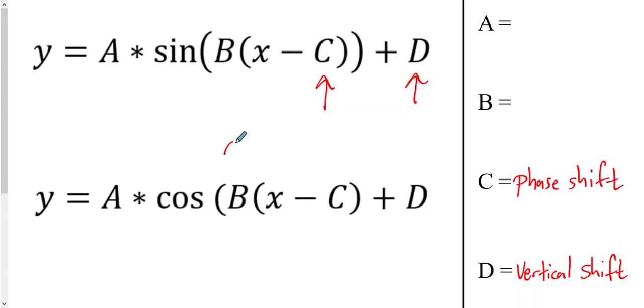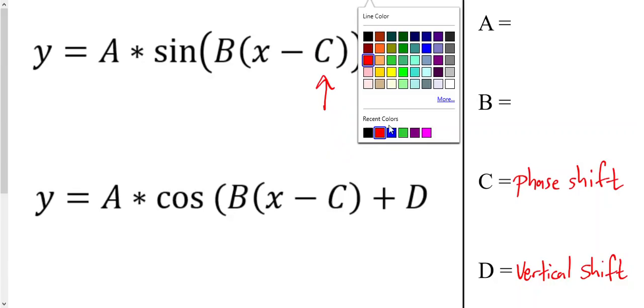All right, so if we start with a regular sine or cosine curve, the phase shift actually moves that left or right. And you might recall from earlier math classes that if you've got a minus c on the inside right next to the x, that actually shifts in the opposite direction of that sign. But we'll see that a little bit later.